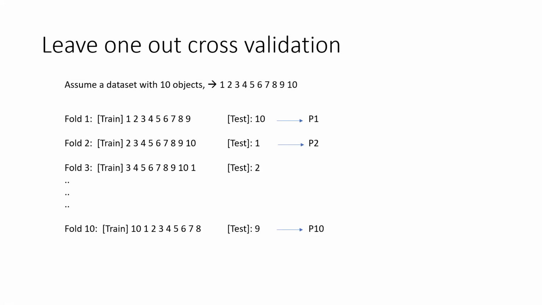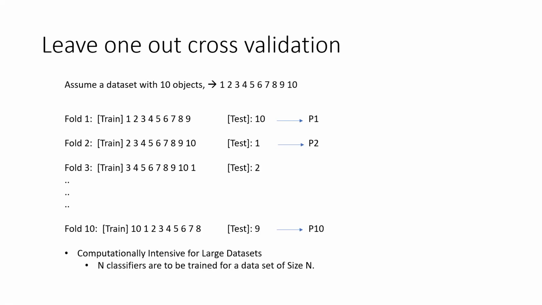But the problem is that if you have millions of data points, then you will end up training millions of classifiers. And if you're doing a deep learning kind of approach and one classifier takes 1 day, it means that you would need 1 million days to just test this technique out, which is insane. I think nobody lives that long, right?